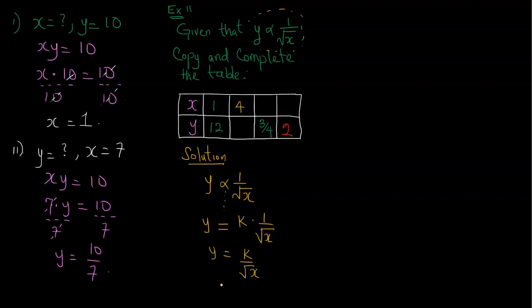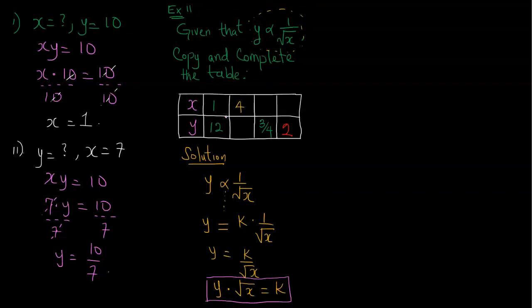Cross multiplying, we would have y times root x is equal to k. So this is the formula connecting y and root x. Of course, we need to obtain the value of k in order to get the exact relationship between them.